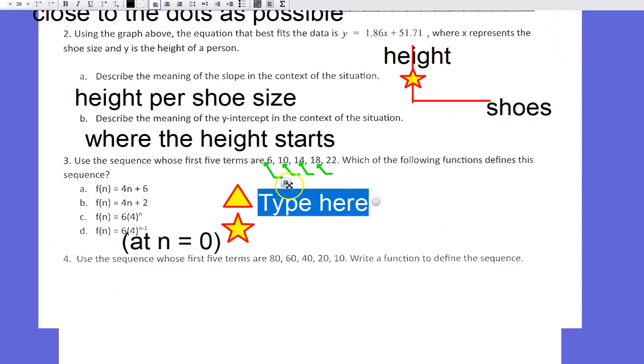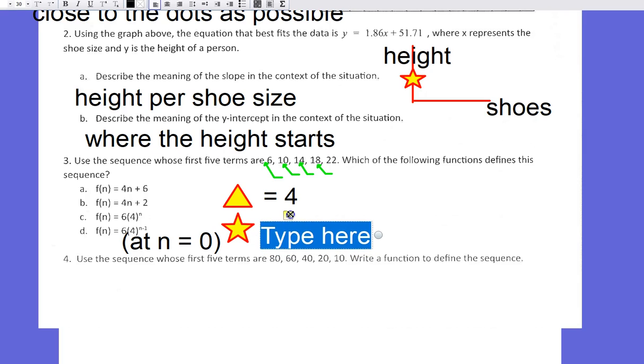Okay, how much do they change by? They go 6, 10, 14, 18, 22, so they change by 4. Where do they start? I'm not asking for the first number, which is 6, I'm asking for the number before that. So 22, 18, 14, 10, 6, and the 0th number, the one before 6, should be 2. 2, 6, 10, 14. Okay, so the starting number is 2.